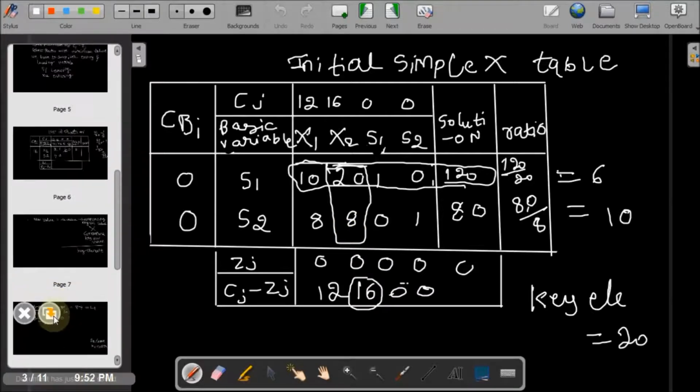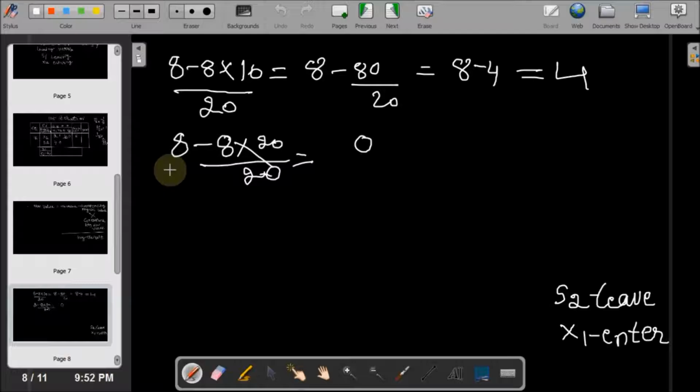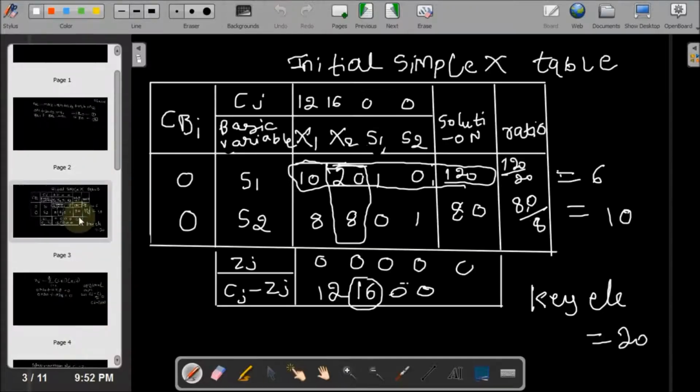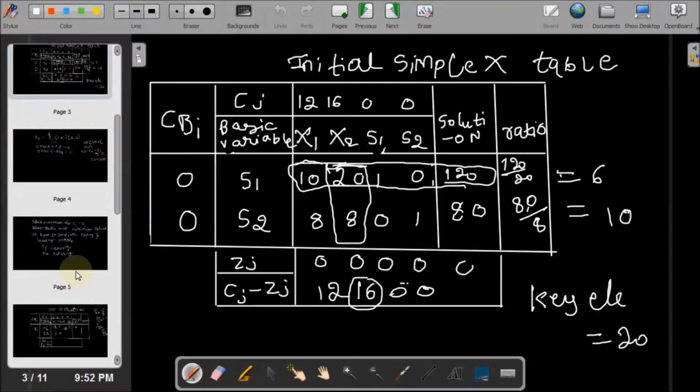So I will write that. 0 minus 8 into, what is the corresponding row element? For this row element, it is 1.